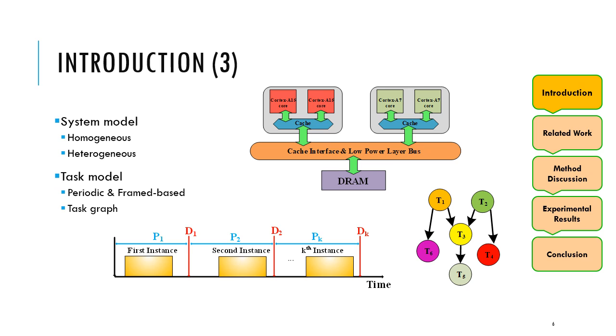Each of these task models are common, and the system determines which task model to use. If there is a dependency between task execution, the task graph is used. But if the tasks require periodic execution, the periodic task model is used.